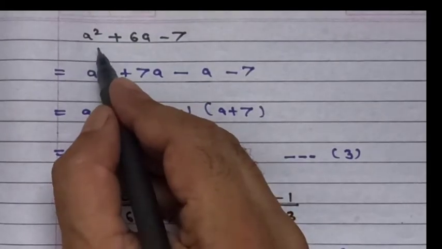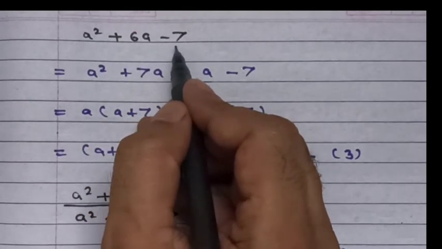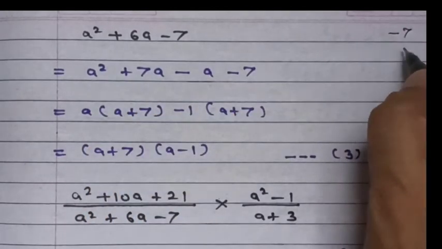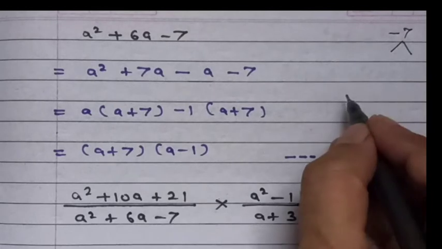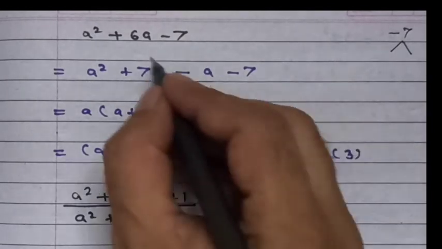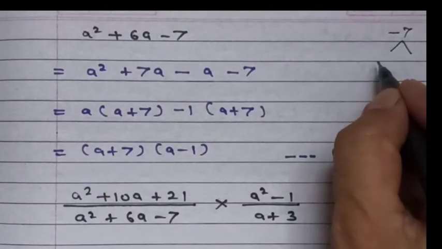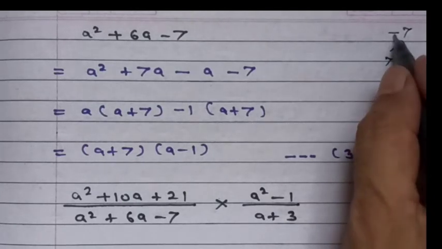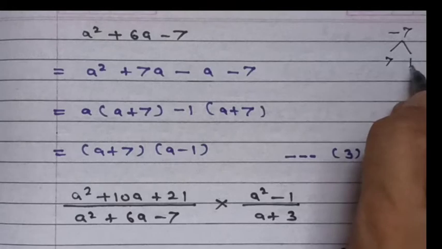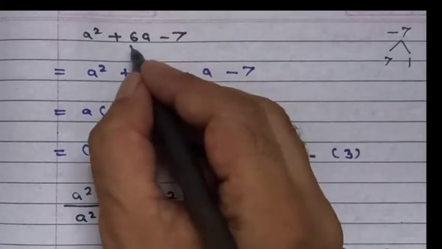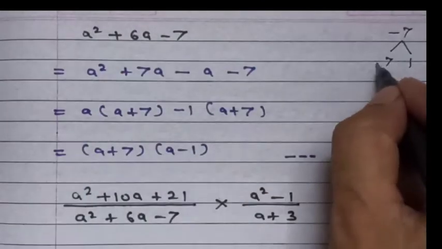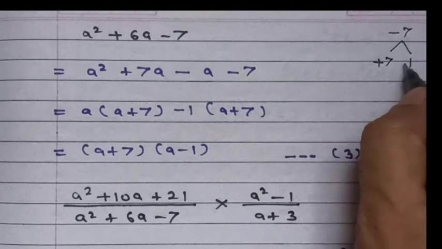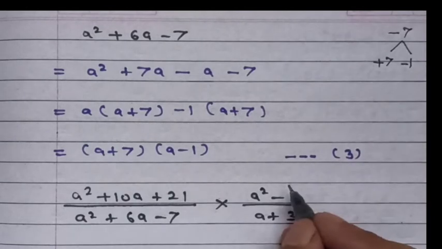Now come to a square plus 6a minus 7. It is minus 7. So I'll find the difference between two factors such that it is 6. So I'll write 7 and 1. Since it is minus, one will be plus, one will be minus. The middle term has a plus sign, so plus will go to the bigger factor and minus will go to the smaller factor.